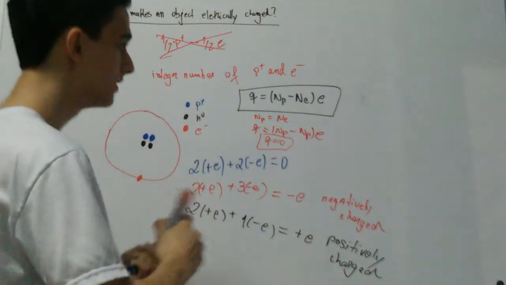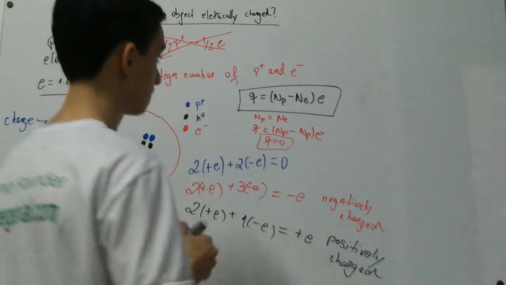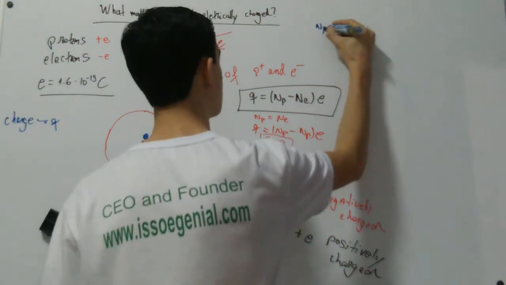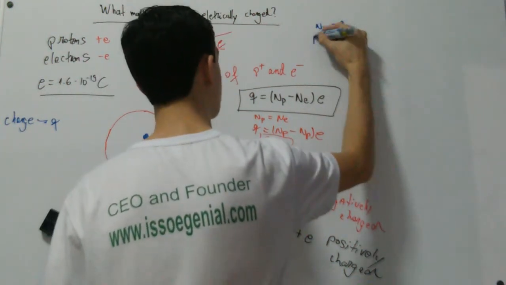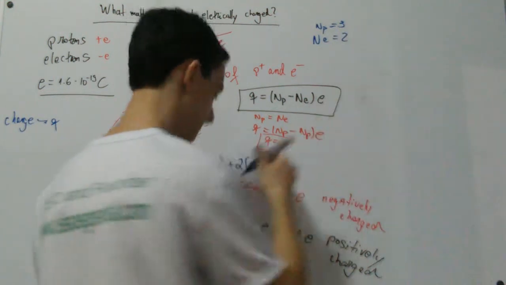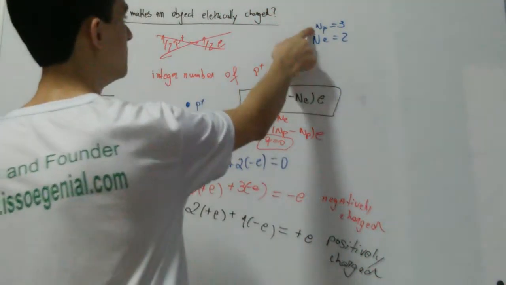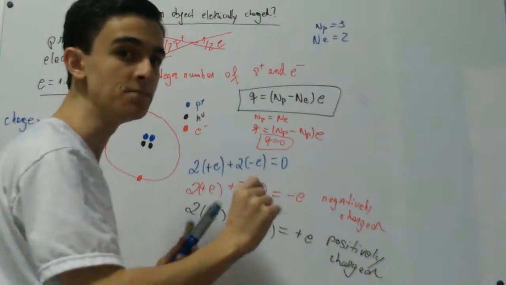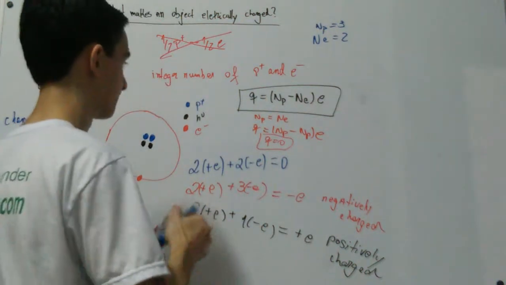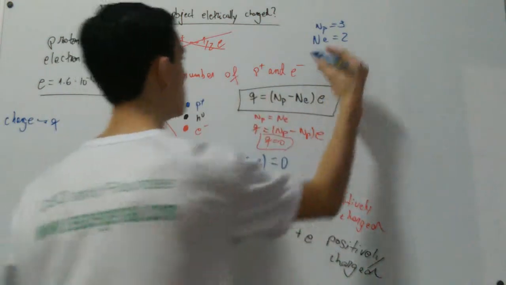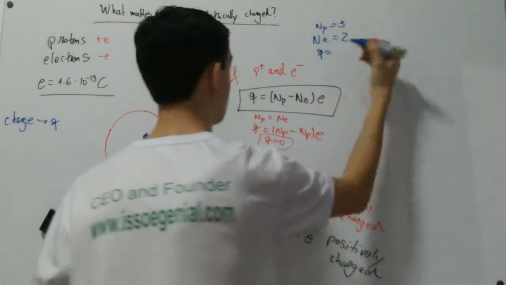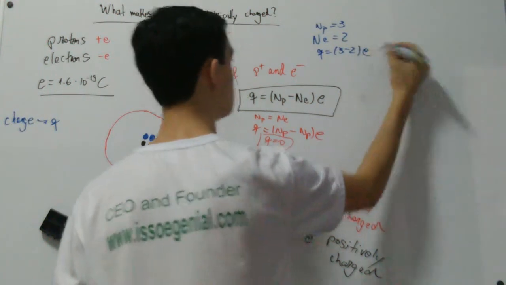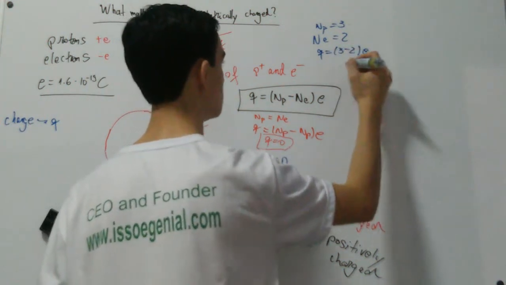Now imagine another situation. Let's say the number of protons is equal to 3 and the number of electrons is equal to 2. We have more positive charges than negative charges, so Q has to be positive. Putting the numbers in this equation, Q is equal to 3 minus 2 times E. So 3 minus 2 is 1.